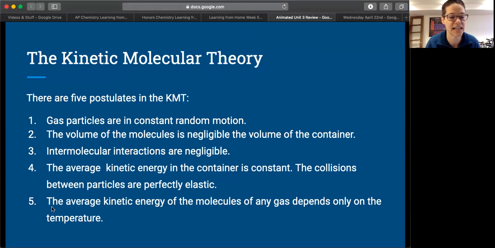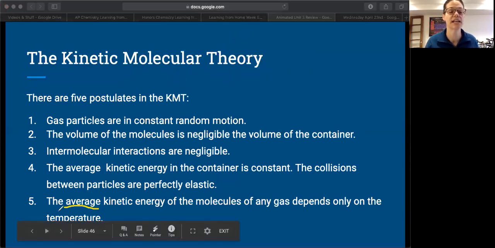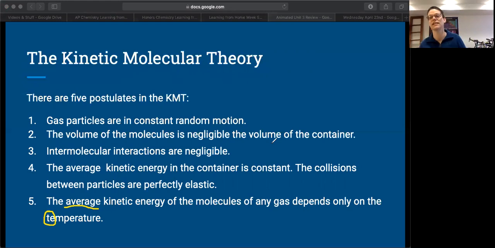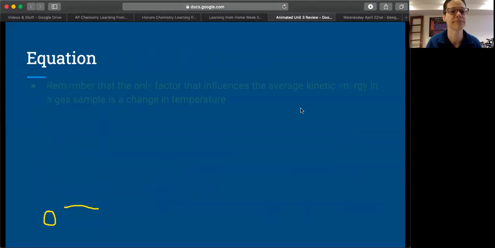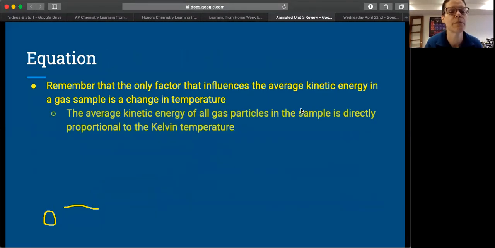And basically the average kinetic energy is a measurement of the temperature. So we know all of those things. The average is the Kelvin temperature.